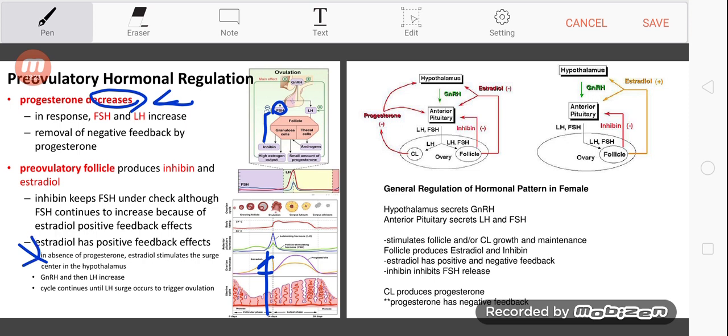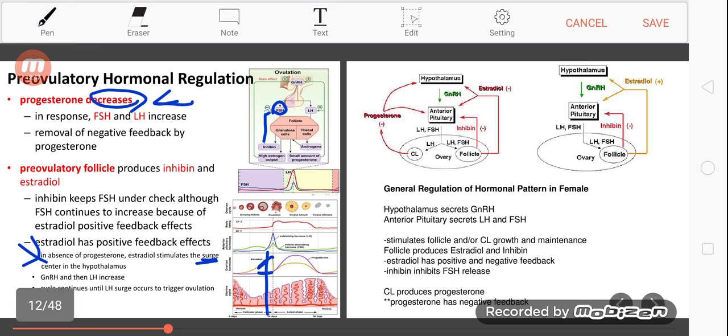In absence of progesterone, there is no negative feedback at all for the hypothalamus and anterior pituitary. So estradiol can stimulate, or give positive feedback to, the hypothalamus and anterior pituitary to cause the surge of LH. So that's what happened during the pre-ovulatory phase.